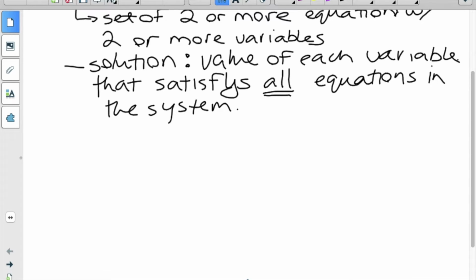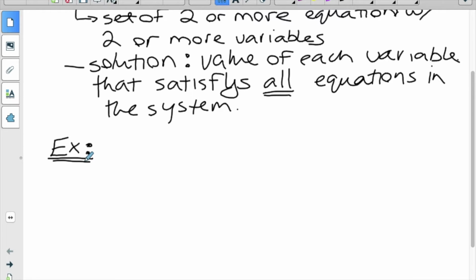Okay, so for example, let's say we have this system. One equation is... I'm just doing some work off the side.